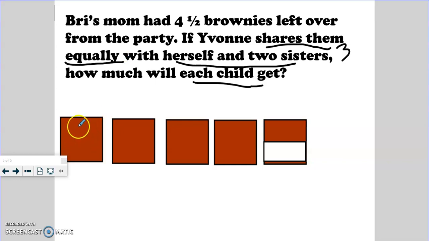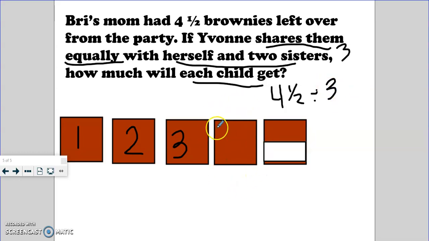We have 1, 2, 3 shared equally. Now we have this 1 and 1/2 left. How are we going to share 1 and 1/2 equally amongst 3 people? So 4 and 1/2 divided by 3 is our problem.